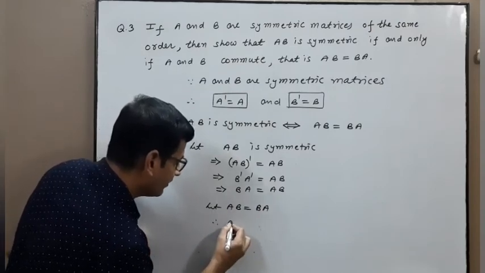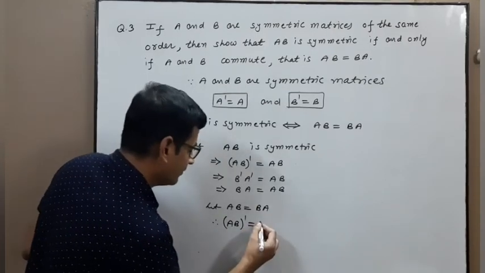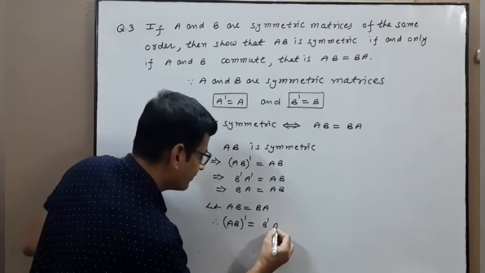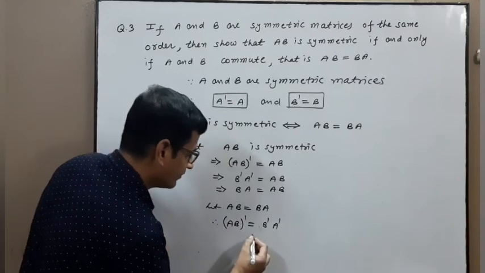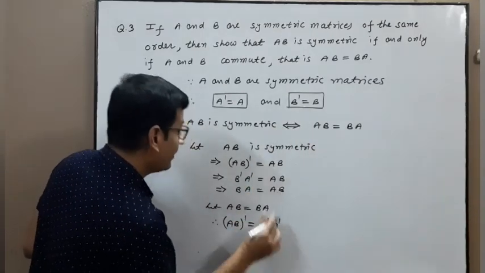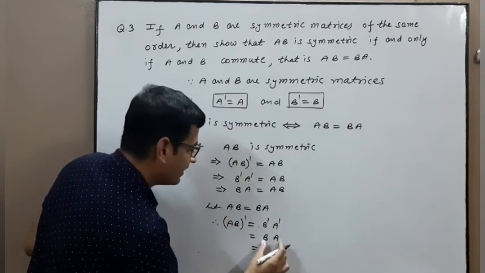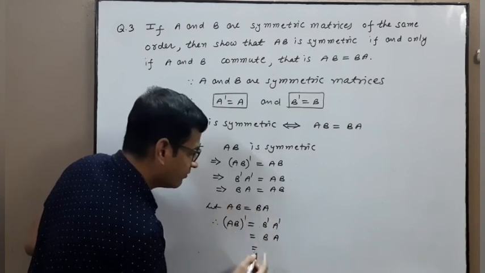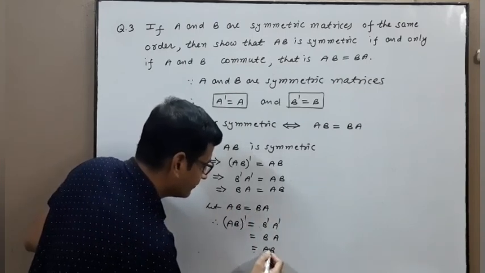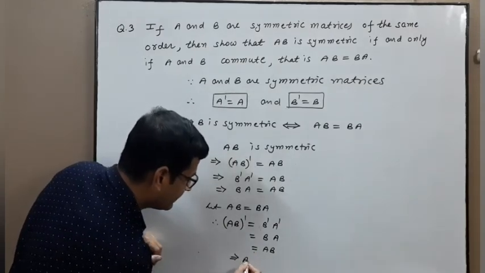Now, transpose of AB is equal to B transpose A transpose. B transpose equals B and A transpose equals A. But BA equal to AB is given. So transpose of AB equals AB, which implies AB is symmetric.